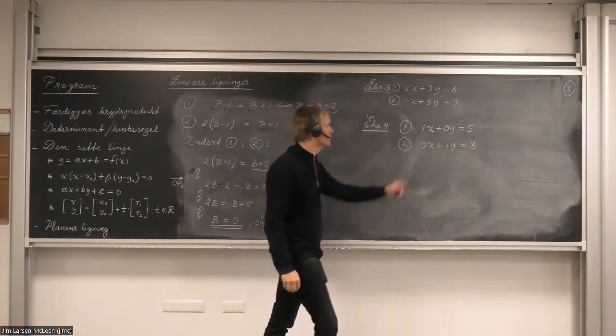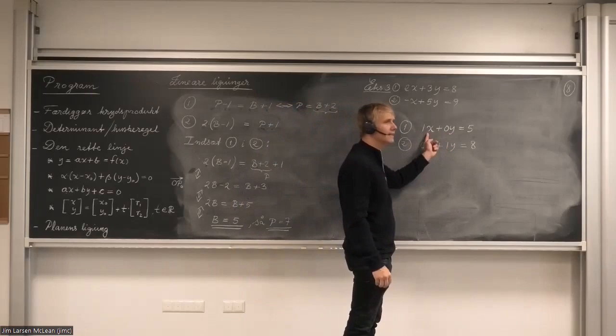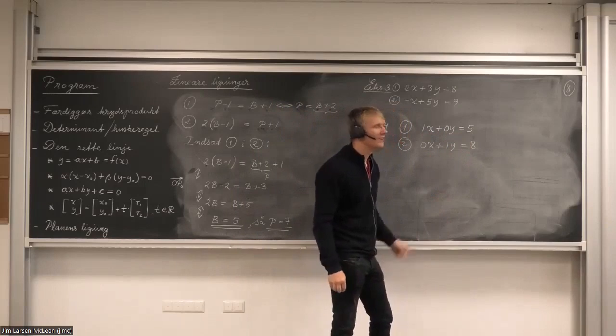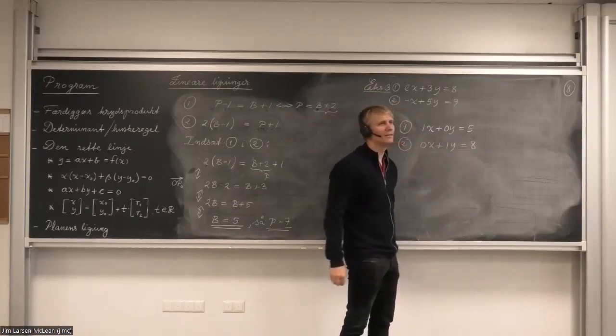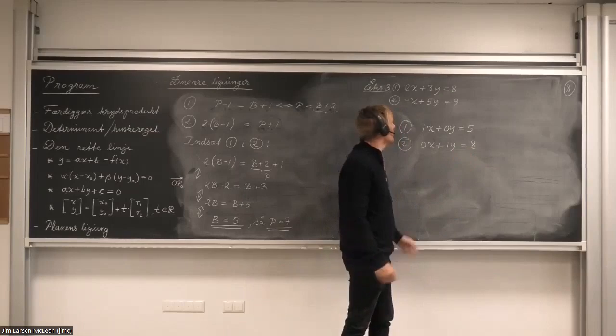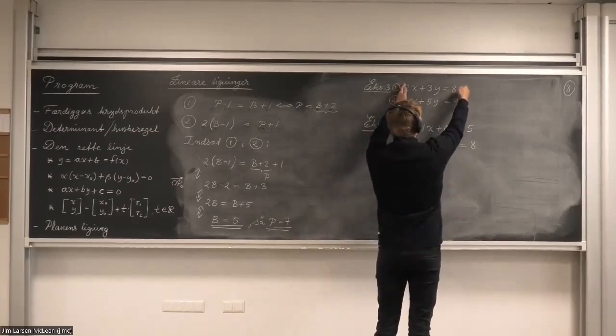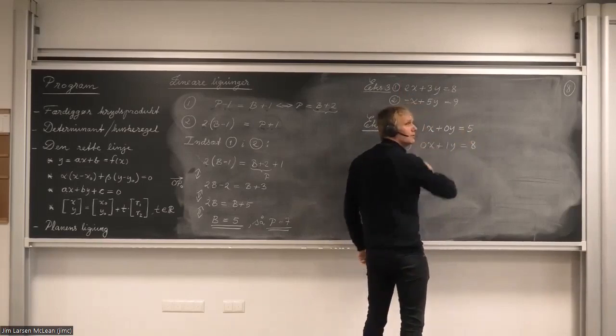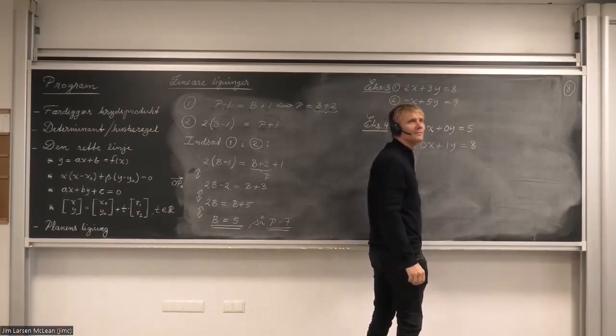Because what does 1x plus 0y give? It just gives 1x. And what is 1x? It is x. So what does it say in line 1? X is 5. And what does it say down in line 2? Y is 8. Can you see it? So the difference between this system of linear equations and this one is that it's much better to get one like this, because then you can just read the answers right away.